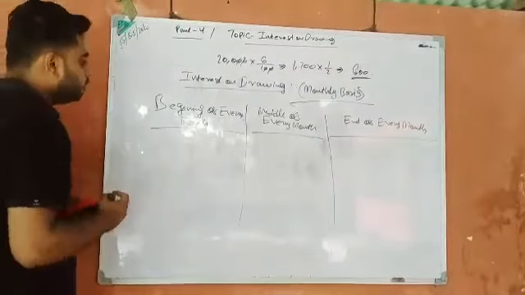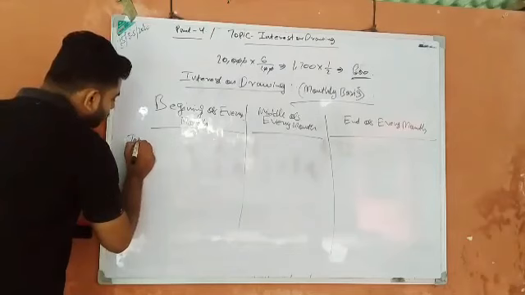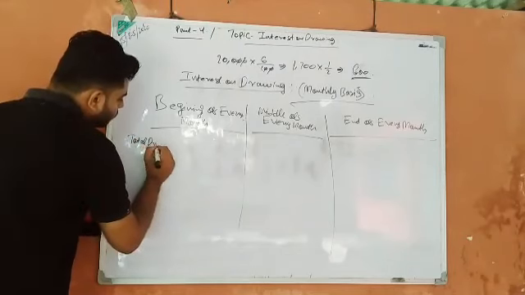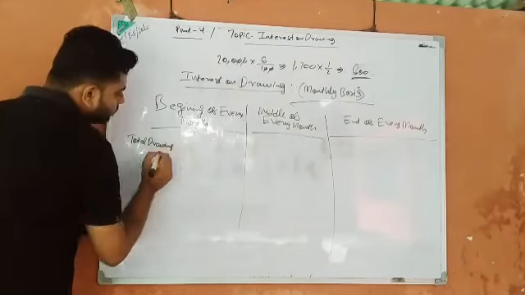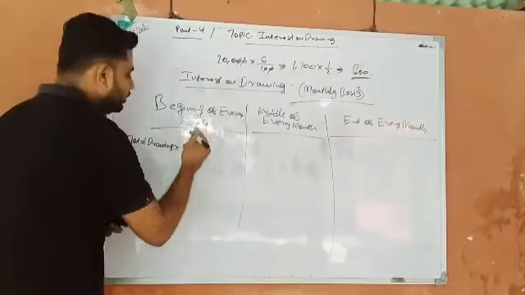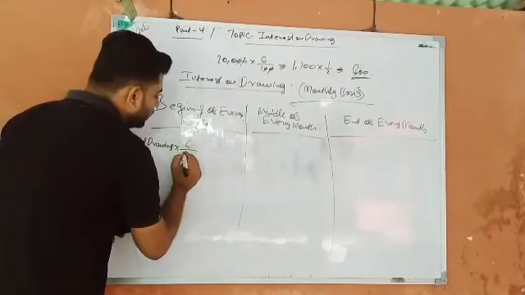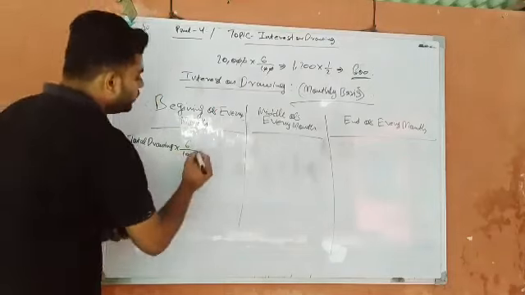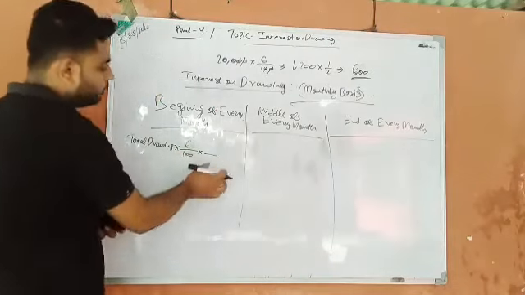In this case, we must know what the total drawing is, and second, the rate of the interest on drawing that is provided. Let's suppose 6%. This one is simple. After this is the important part.